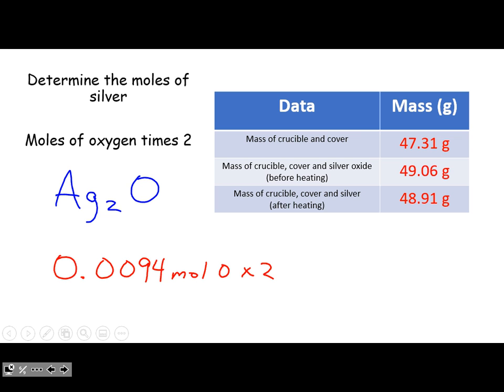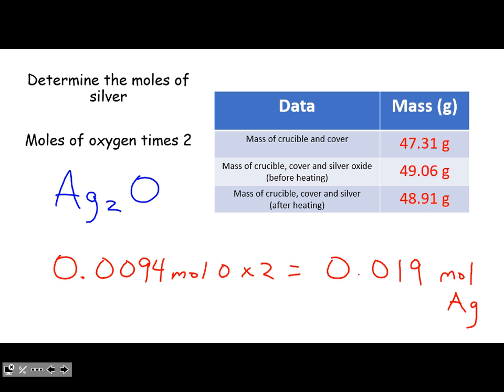So I take my value, I times it by 2. That's an exact number. Okay, that's an exact number. So I'm going to keep my sig figs at 2. So my number is going to be 0.019 moles of silver.